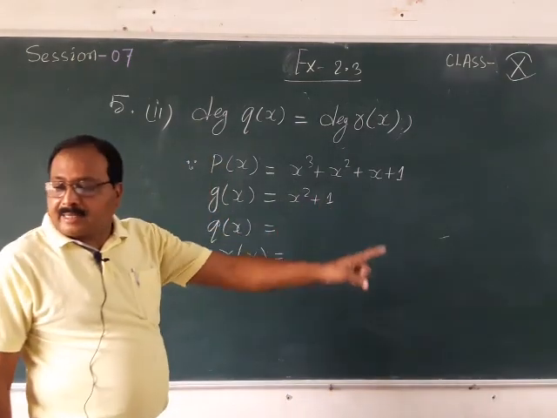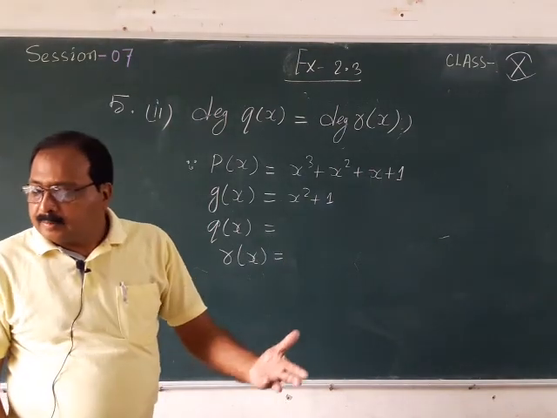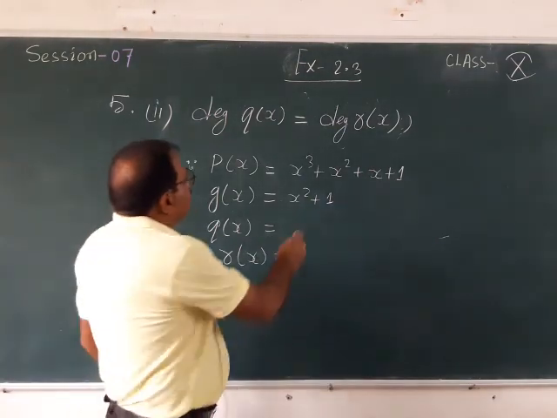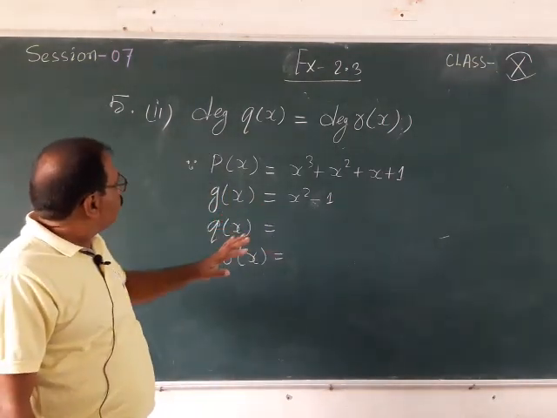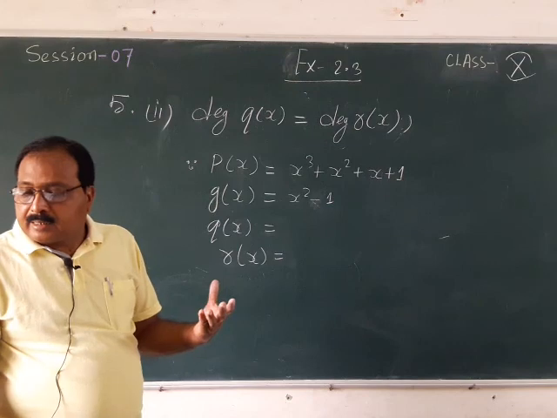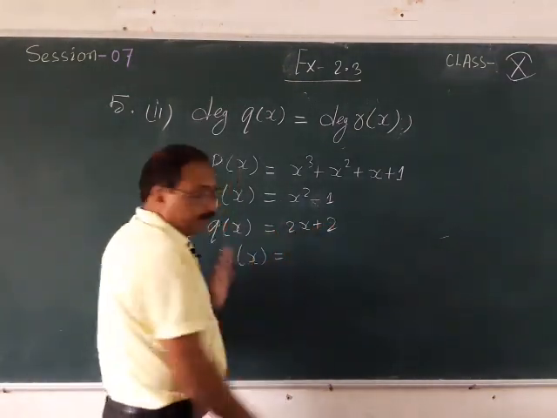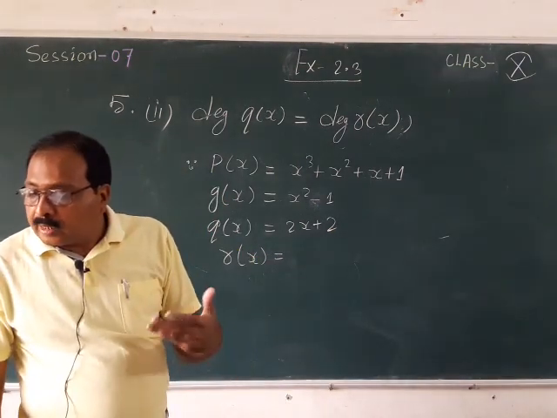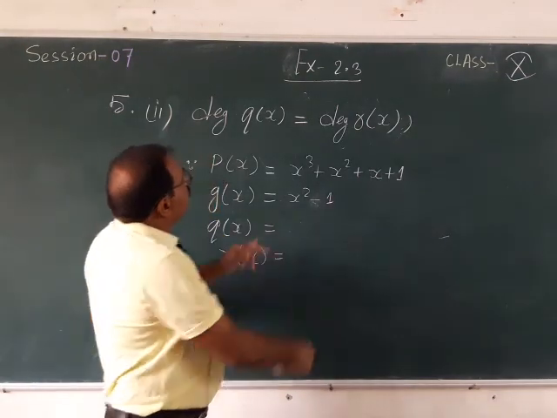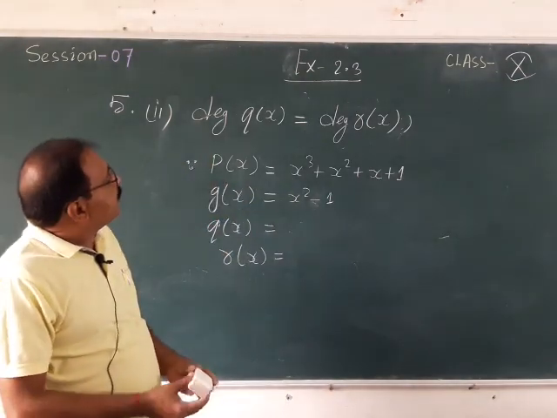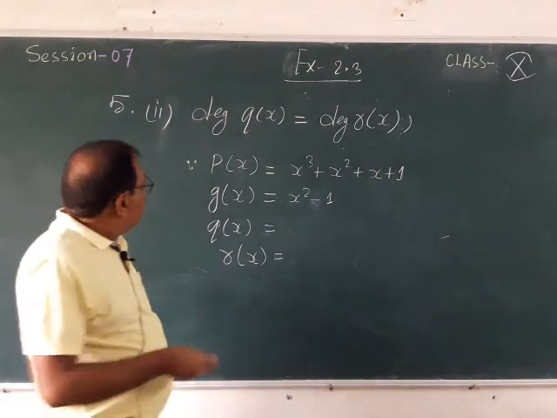I can take x square plus 1 or x square minus 1. Whatever you want, you can take. Suppose this time I am taking the minus sign. Gx is x square minus 1. Then if you divide it, Rx will come as 2x plus 2, and the quotient Qx will be x plus 1 when dividing x cube plus x square plus x plus 1 by x square minus 1.